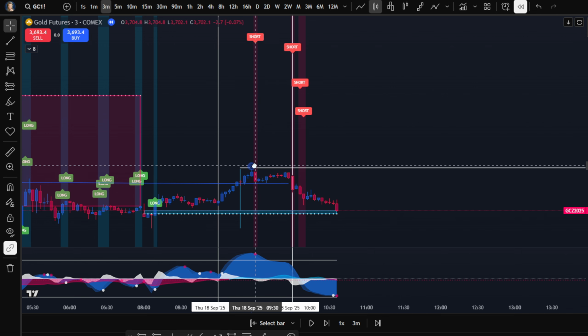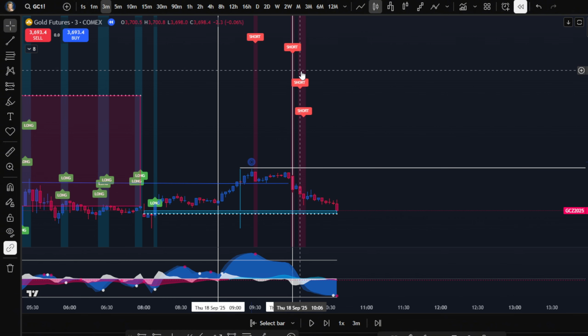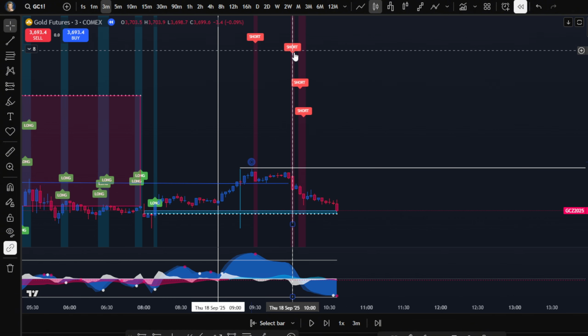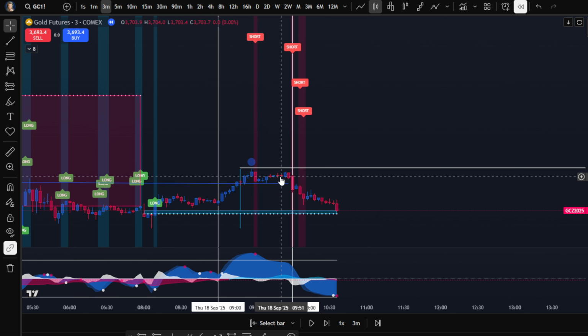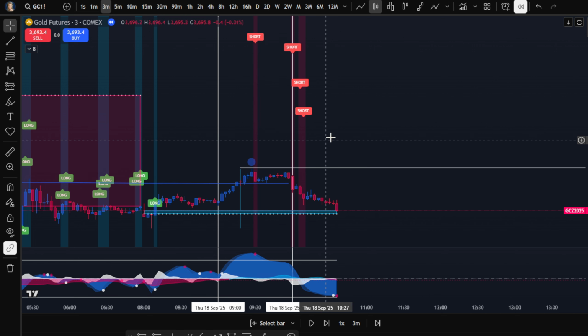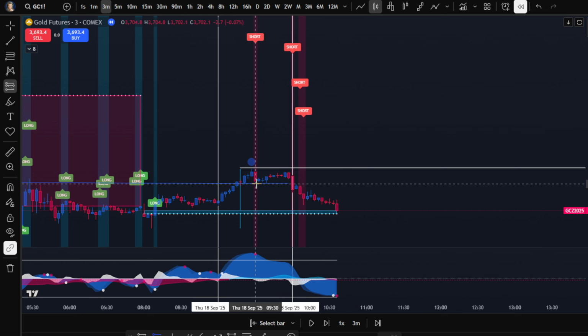So that is the only alert that should be printing here, because price starts to descend after that. We don't want shorts to continue to print if price is descending. None of these bullish candles made a higher price than this candle. So that is literally the only alert that you would have gotten at that time.